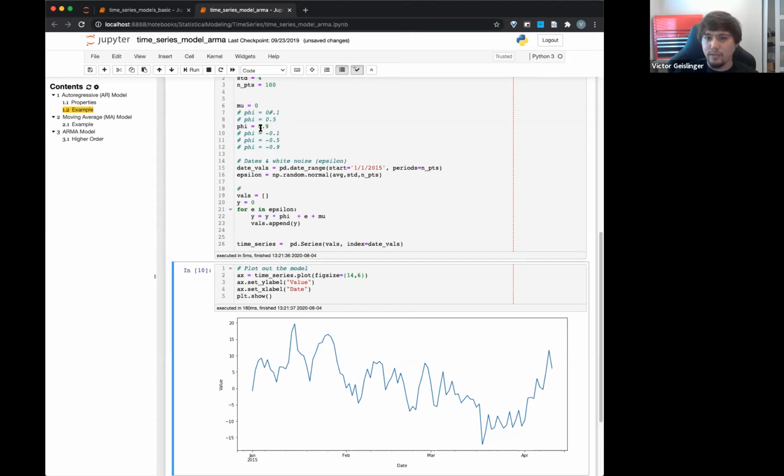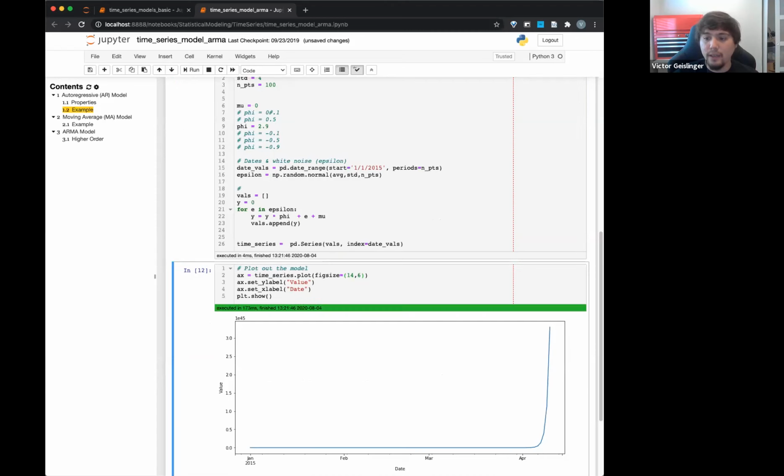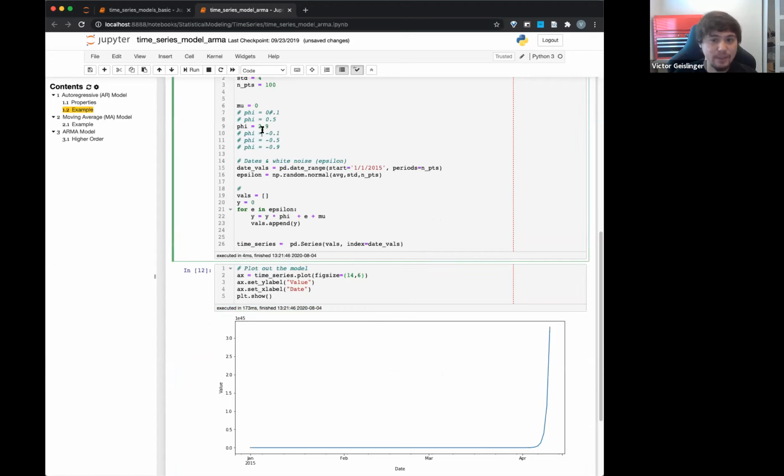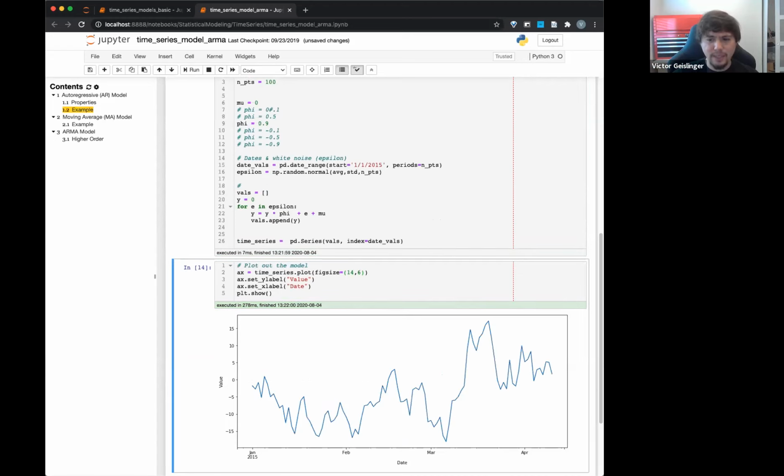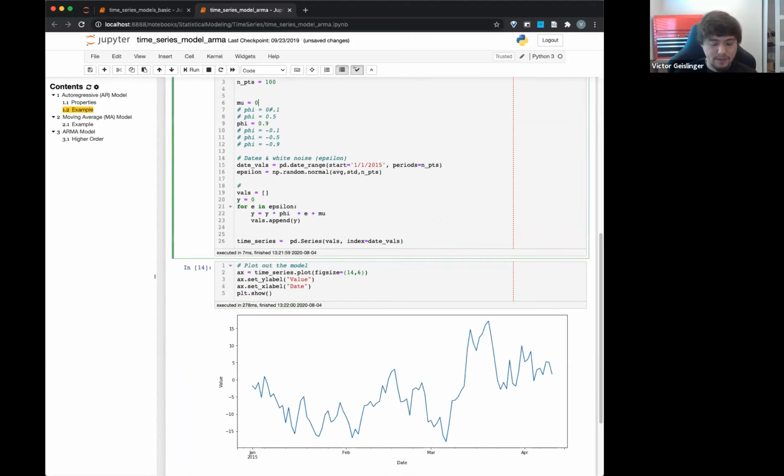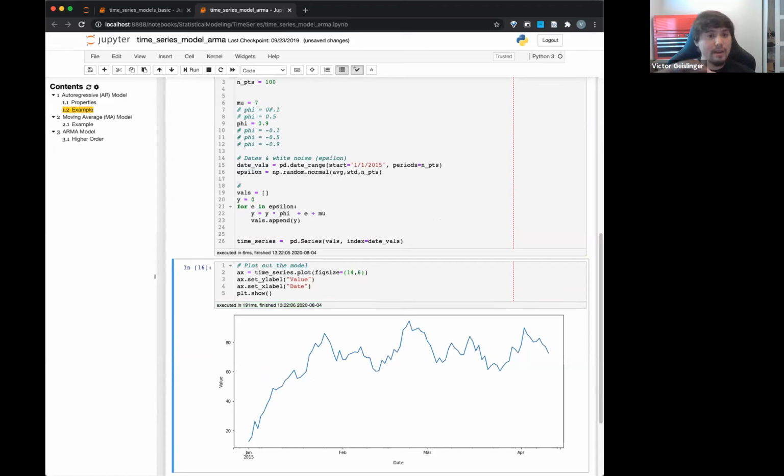And if I put it really strong, like 2.9, I think this might actually be too strong, you can see basically every point depends and just shoots up, because it adds up over time. Eventually it's just going to keep going up, up, up, right? So that's what's going on here. But I think the 0.9 is a good example. Everyone see the relationship with that random walk? And when I have that mu here at 7, it's like a random walk with a drift, so it's going up a little bit.